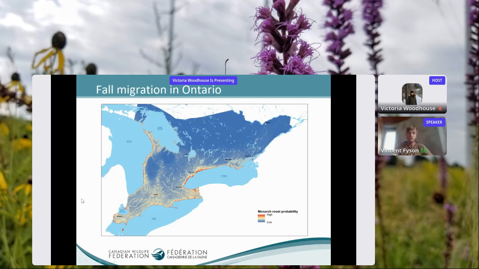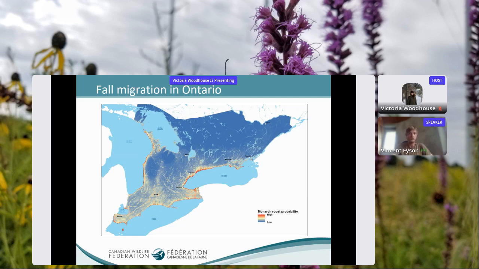So we can then use the model to map where monarch roosts are most likely to occur. Our most recent modeling iteration, I haven't yet mapped it, but this is from a previous modeling iteration that used slightly different variables, but it will look very similar to this once it's finished. And so the model will show us the locations that are best suited to target for conservation and restoration.